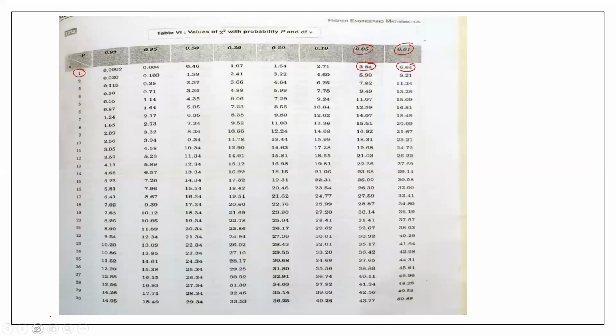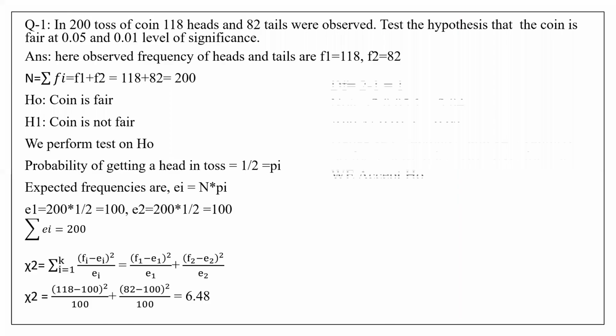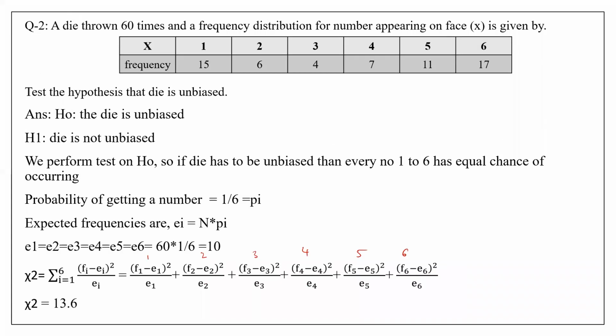All right, here your degree of freedom is 5, and you can see at 5% the value is 11.07, and at 1% it is 15.09. So the values we have taken are correct.